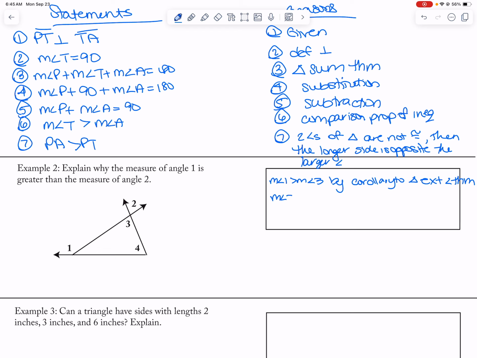Measure of angle 3 is equal to measure of angle 2 by vertical angles. So then measure of angle 1 is bigger than measure of angle 2 by substitution.